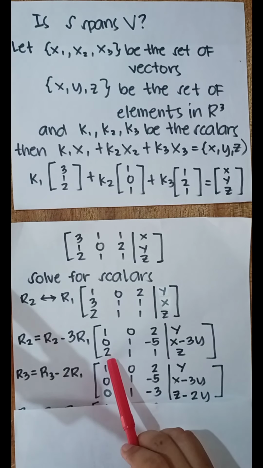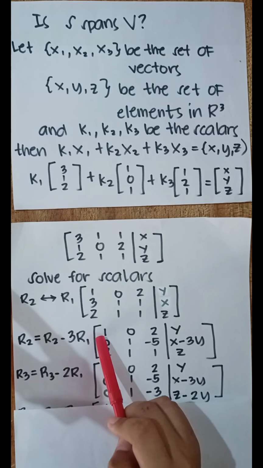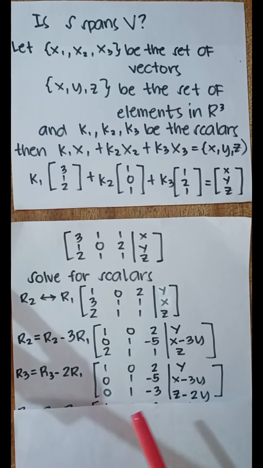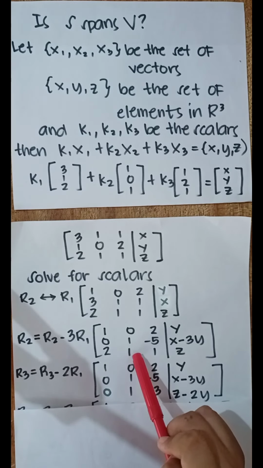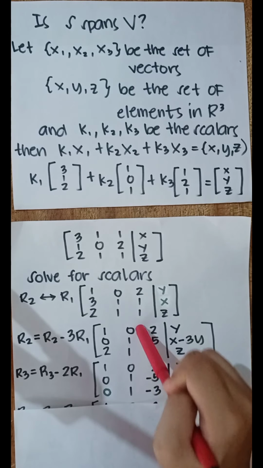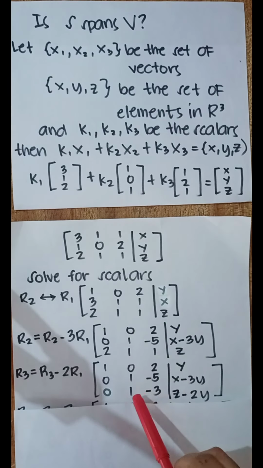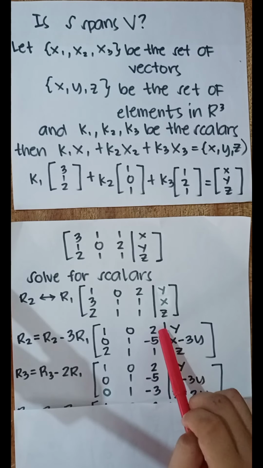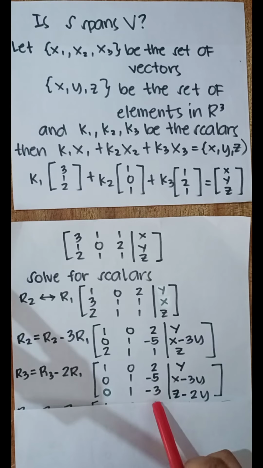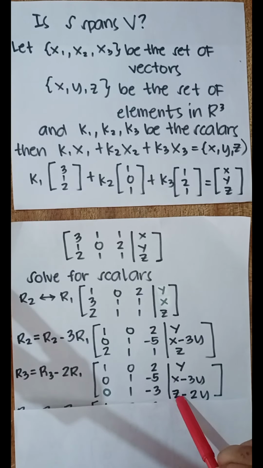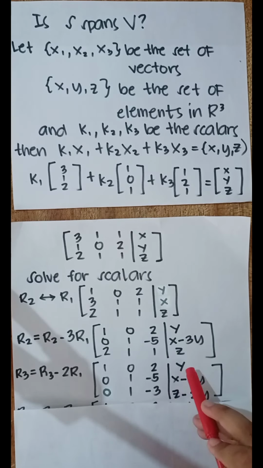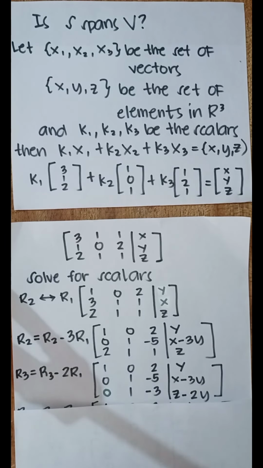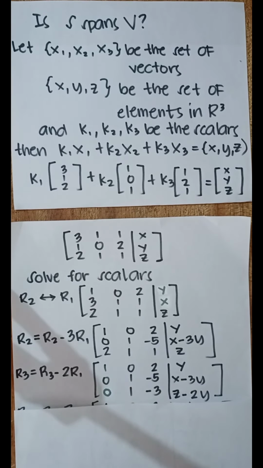So 2 minus 2 times 1 is 0. 1 minus 2 times 0 is equal to 1. 1 minus 2 times 2 is negative 3. And z minus 2y. So that's it. As you can observe, we are already done with the first column. So let's proceed to the second column.